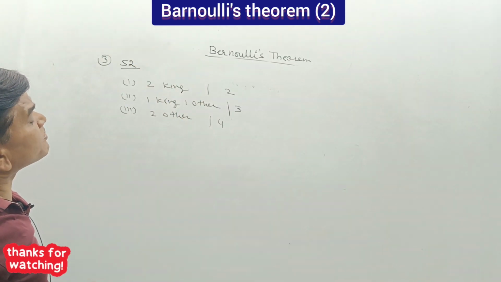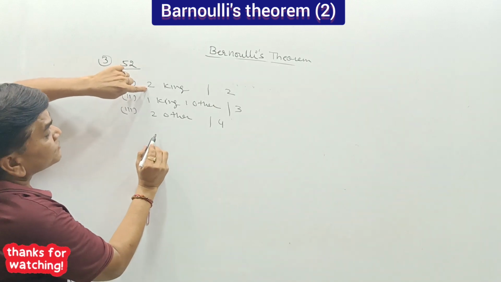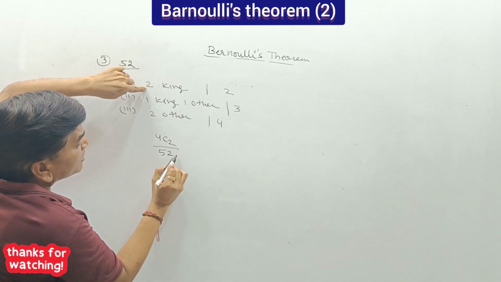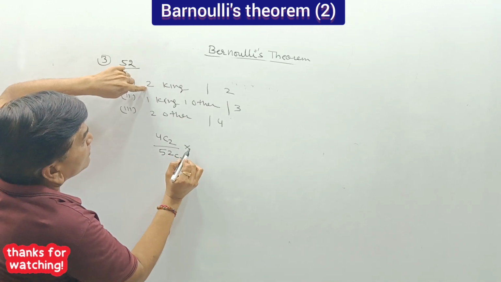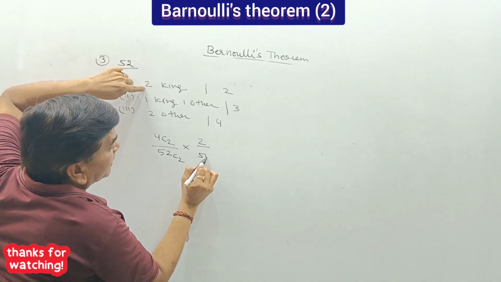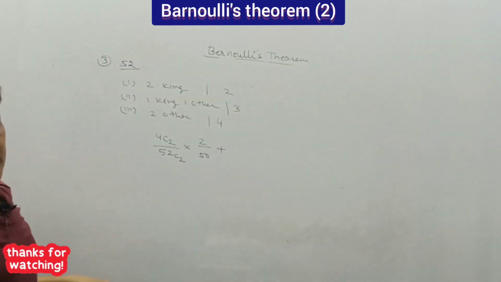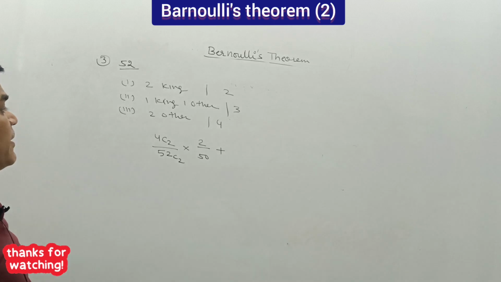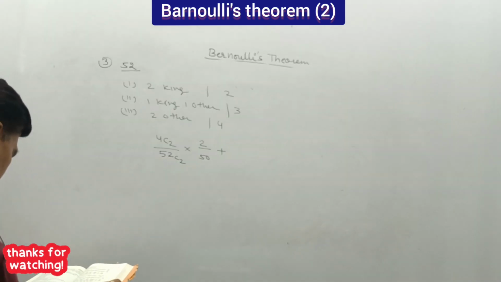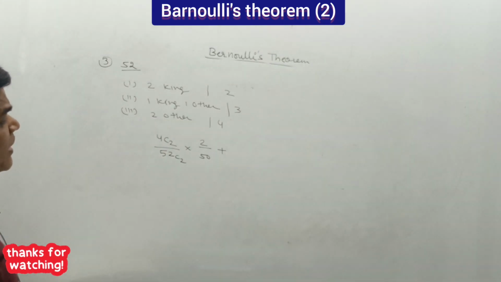So the very first we have the probability that 2 kings are gone, so there will be 4C2 upon 52C2. Then 2 upon 50 for getting a king.